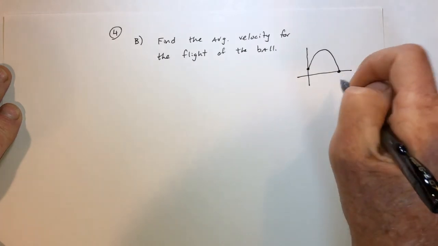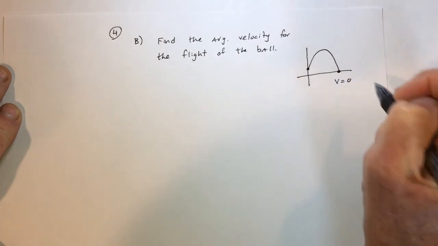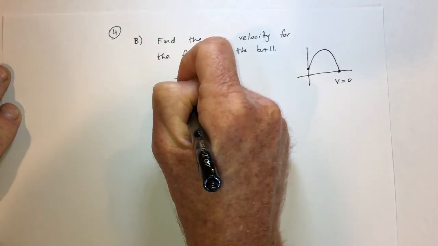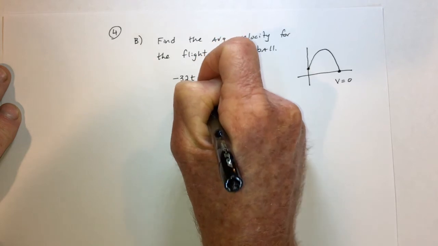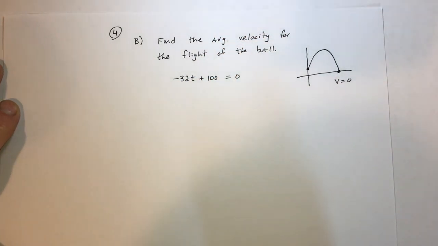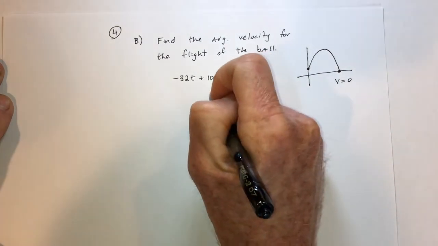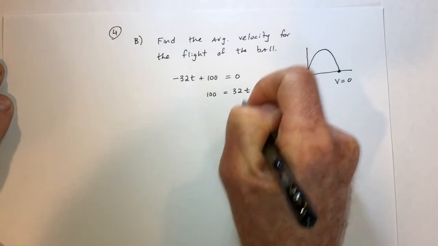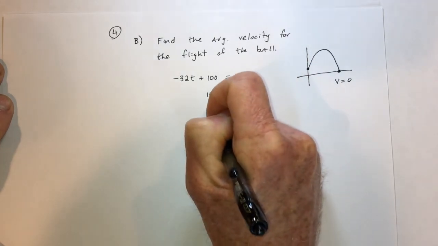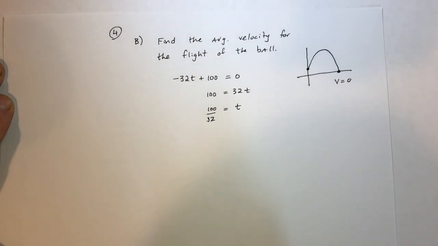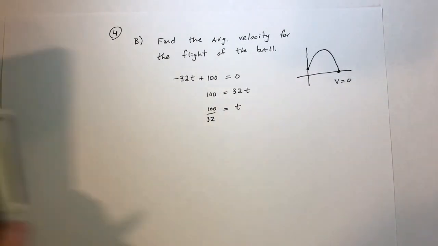Well, when it hits the ground, the velocity is equal to 0. So for one thing, we need to take that velocity function, negative 32t plus 100, and set it equal to 0. So that would be 32t is equal to 100, or t is 100 divided by 32.